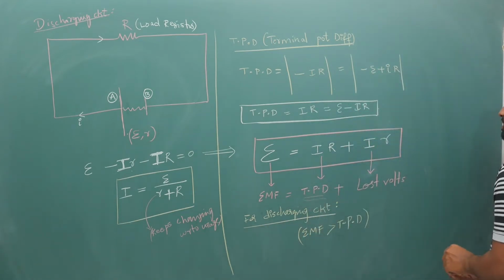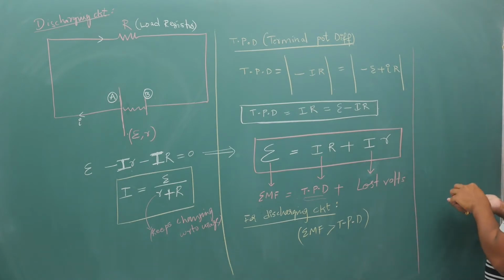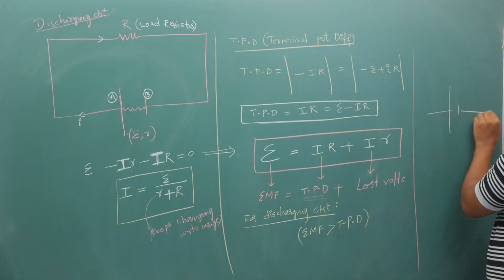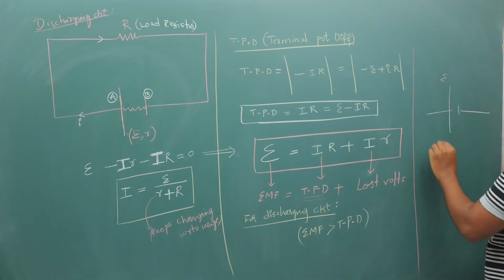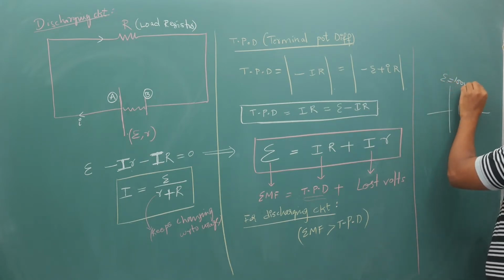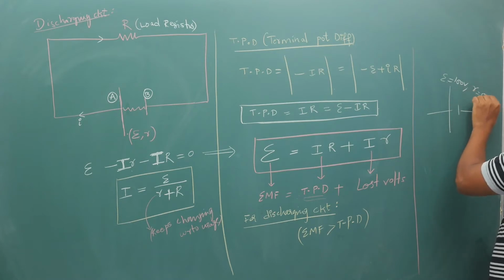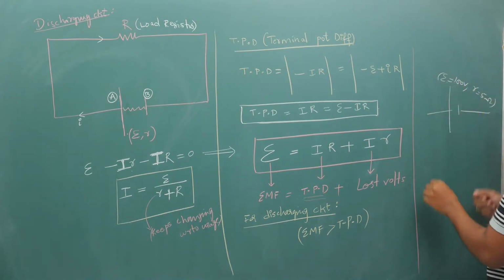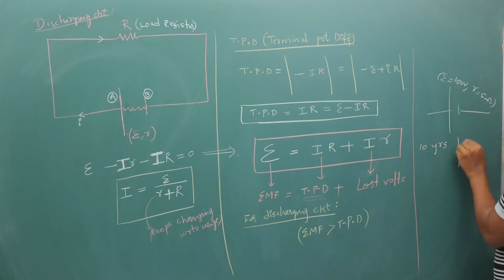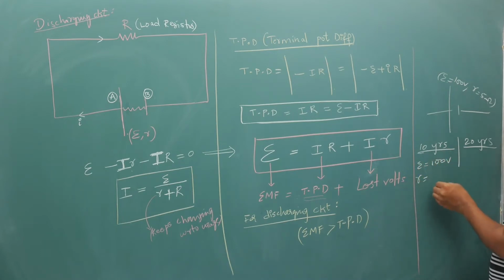If I take a battery of EMF 100 volt and internal resistance, for example, 5 ohms, after 10 years, after 20 years, if you ask me what the EMF is, I will still say 100 volt. The internal resistance will increase, say to some 50 ohms, something like that.